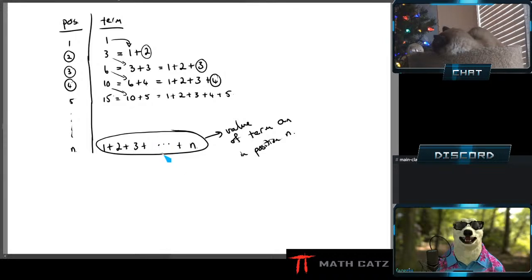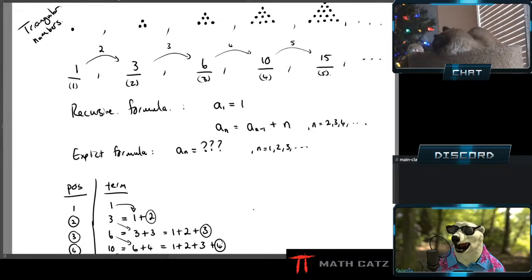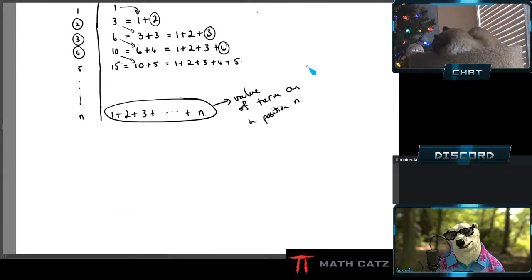Now, these dots just mean the pattern in the addition calculation continues, but that's not good enough. That doesn't help me, because what if I look at this sequence above here and I want to find the term sitting in position 100? Still not that useful.